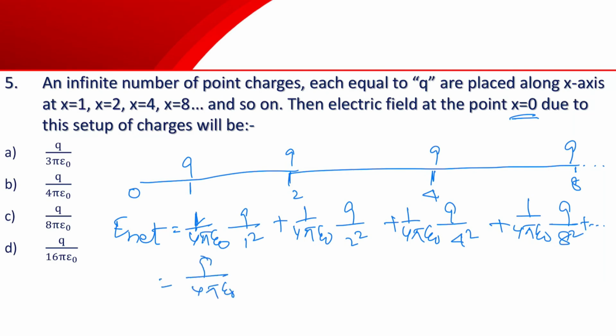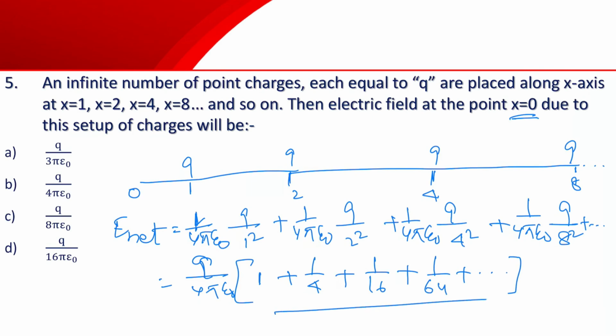If we take Q by 4 pi epsilon naught common, it will be 1 plus 1 by 4 plus 1 by 16 plus 1 by 64 plus so on.